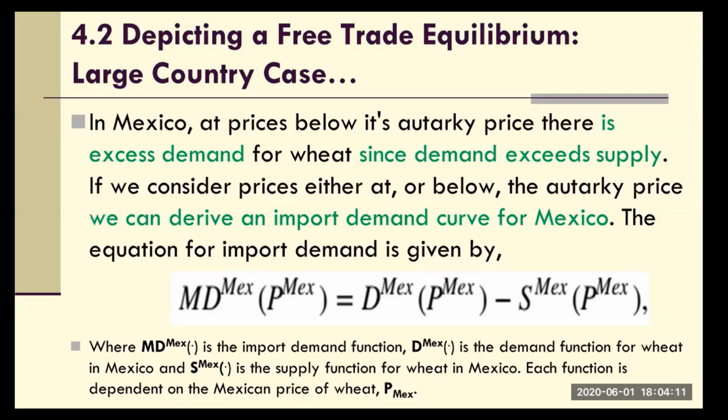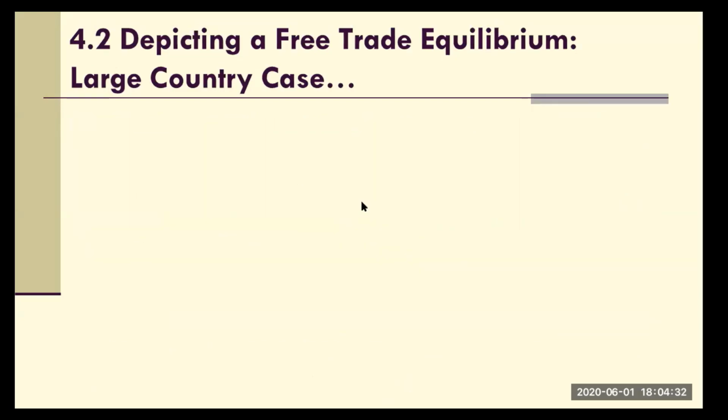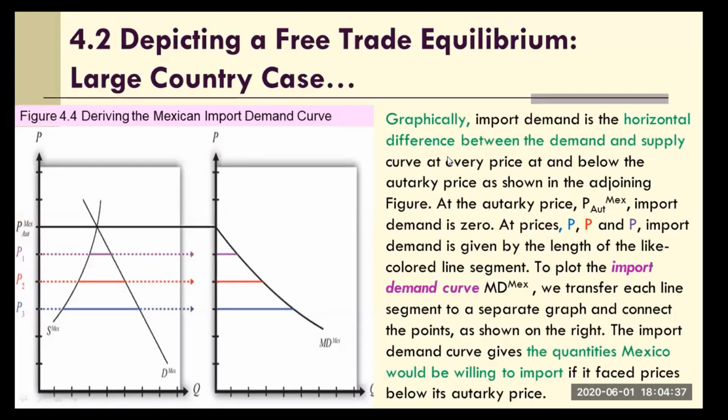This is the excess demand, which needs imports, because the demand is now in excess. Graphically, this is the previous equilibrium of demand and supply in Mexico.